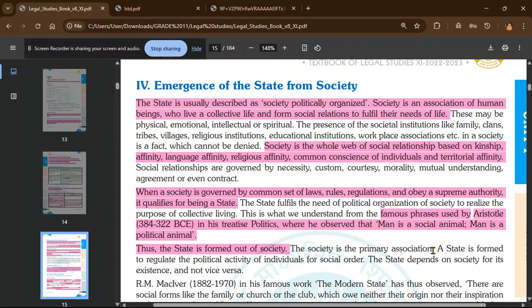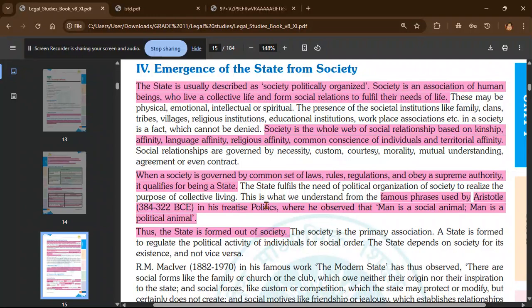And man as a political animal suggests that human beings need a political system to maintain peace, to maintain security, and to organize collective well-being. So these ideas highlight the importance of society and governance in human life, as explained by Aristotle in his Politics. So this is what you will be writing as your answer.